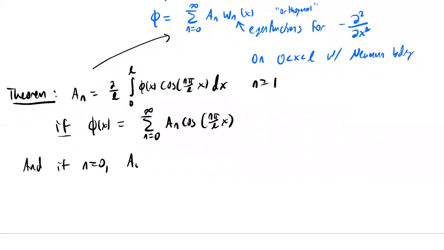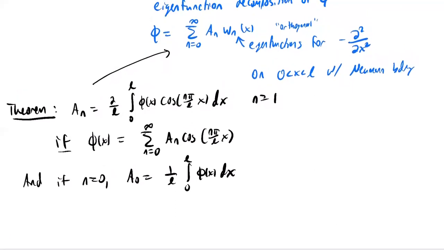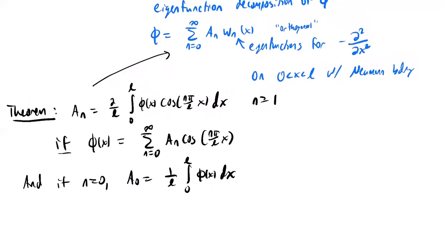So if n equals 0, it's going to be 1 over L times the integral from 0 to L of phi of x dx. Right, and so this is going to be proved in exactly the same way as we saw last time.